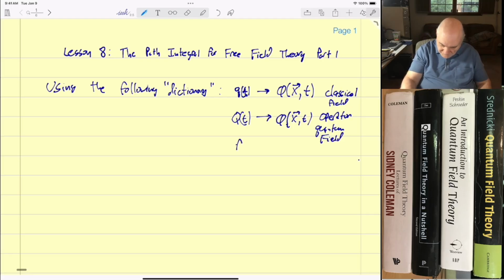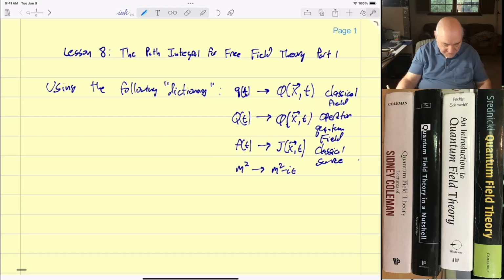Then we have what we call a source term, which usually depends on the time, but now it will depend on space and time. So this is a classical source. And finally, we usually make the translation m squared goes to m squared minus i epsilon.